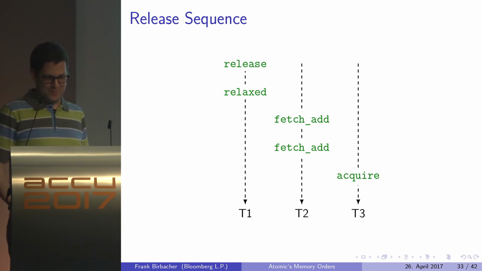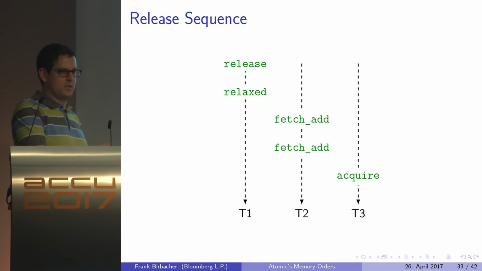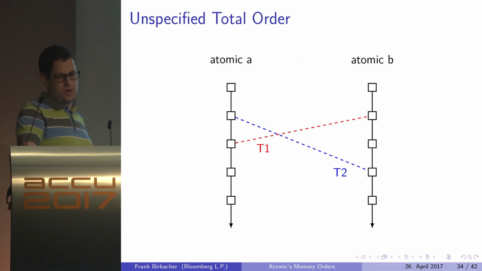Yeah, tough one. Okay, so this is the order of one atomic. But if we look at two atomics, A and B, in different threads, they could have a different idea of the contents of these atomics. While each atomic has its own order of modification, which is a total order, they don't relate to other atomics.